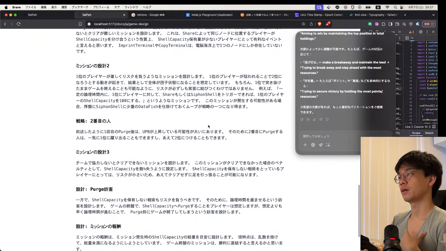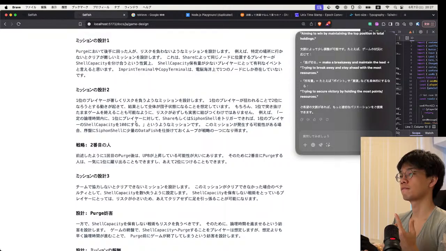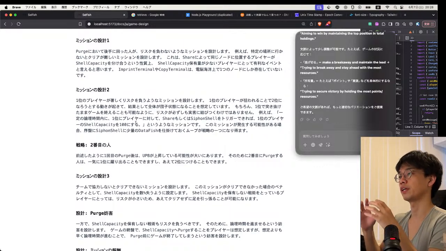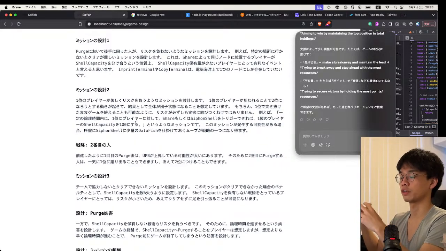For example, in the mission, the top ranked player might have their share capacity reduced to 100 if the top player is triggered with share feature or siphon share by the time a certain logical time has passed. Does that make sense?